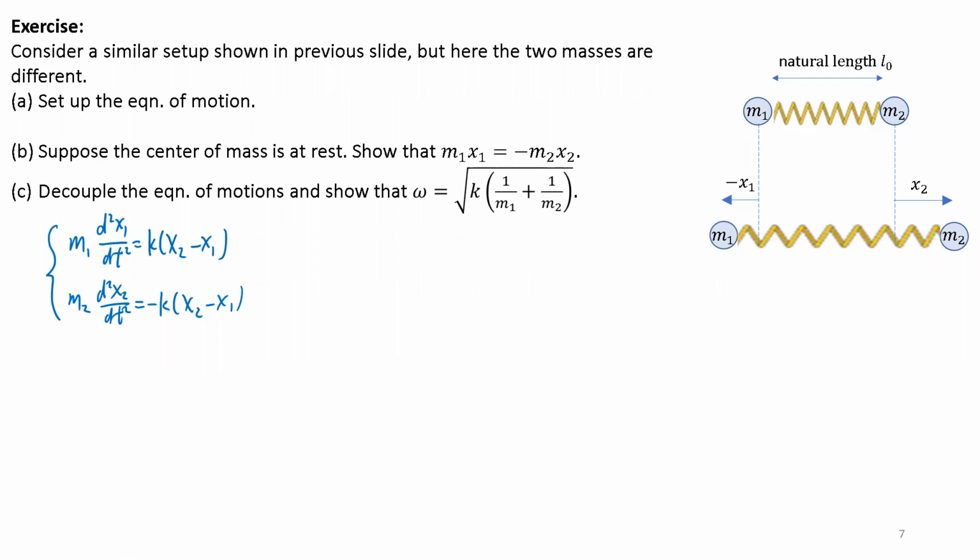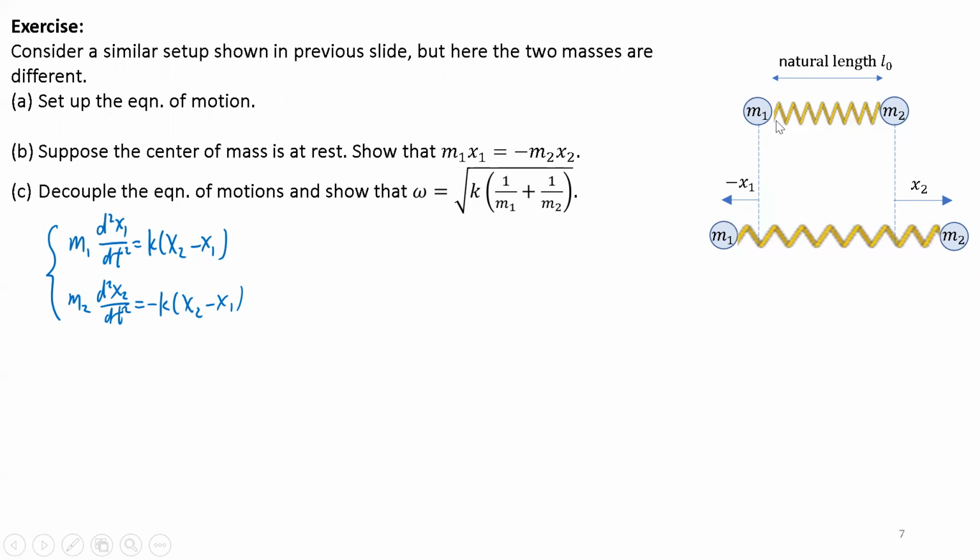Now let's say it is at rest. Even if it is moving at a uniform velocity, you can choose a coordinate system that is moving with it, so that from your viewpoint the center of mass of the system is at rest.